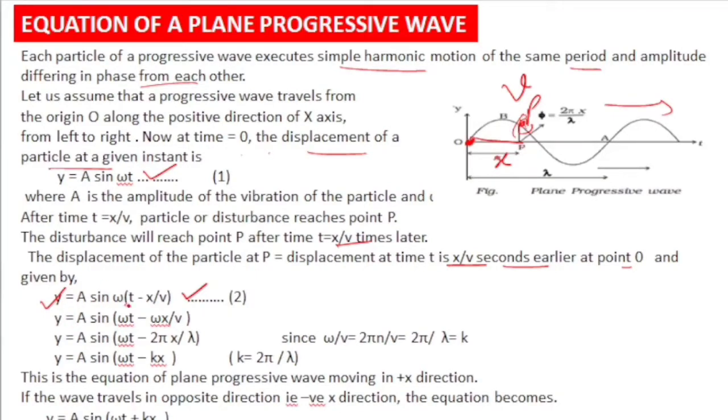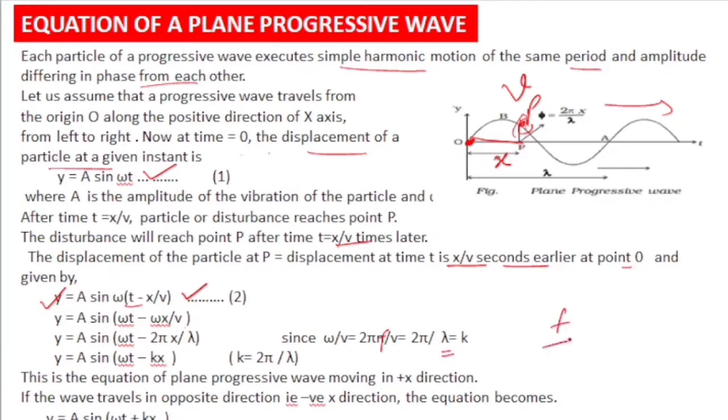When you open this, you get y equal to a sine omega t minus omega x by v. What is the value of omega by v? Omega is 2 pi f, where f is the frequency. So it is 2 pi f by v, and f by v is nothing but 1 by lambda.